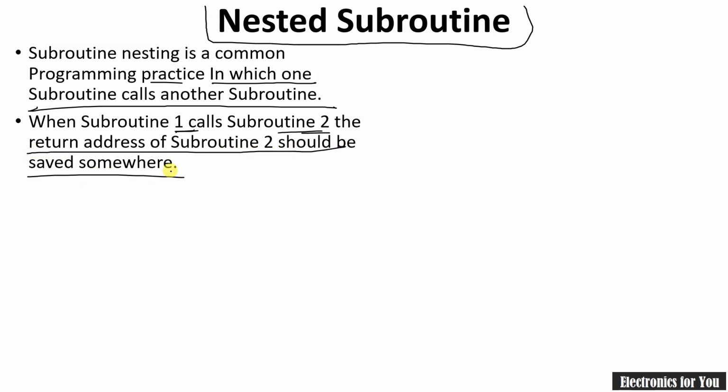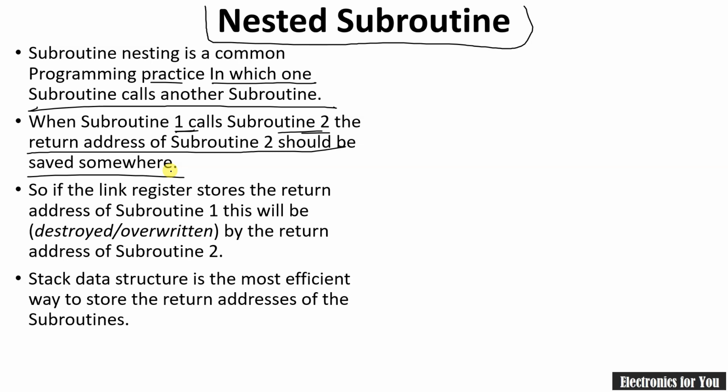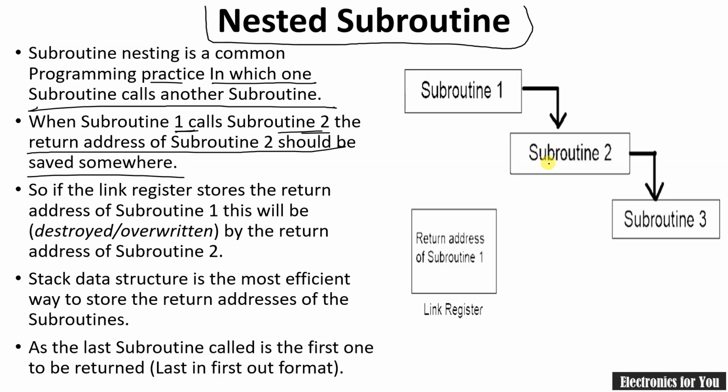somewhere. As I have already explained, whenever we are using the subroutine concept, the address should be saved somewhere. Here is the concept of a nested subroutine. Here one subroutine is called subroutine 2, then subroutine 2 is calling another subroutine, let it be subroutine 3, and whenever we are moving, the program counter is modified here.